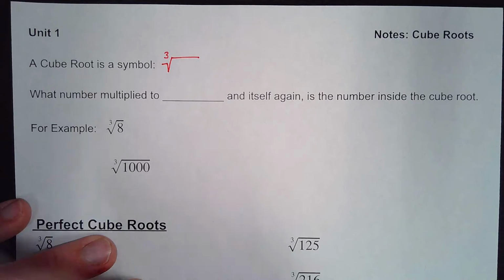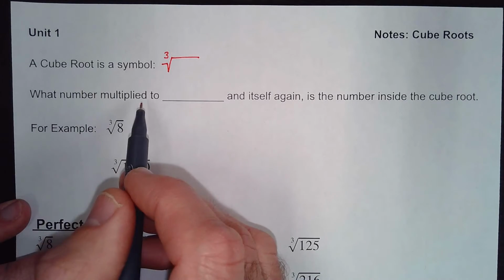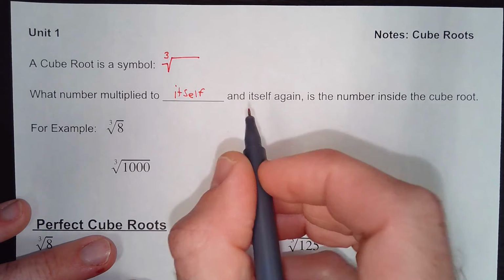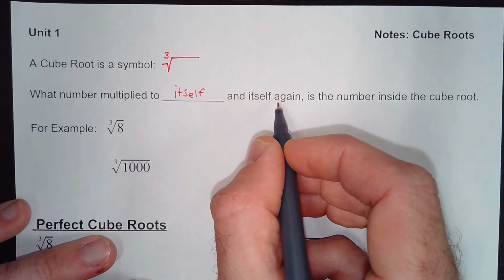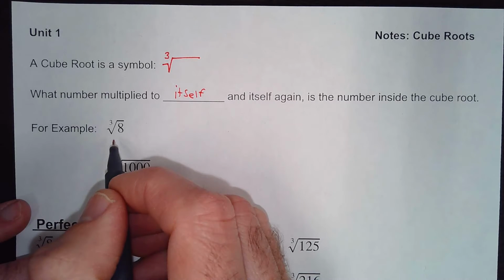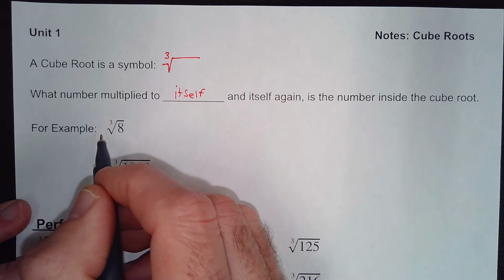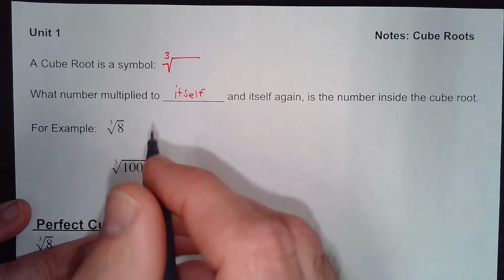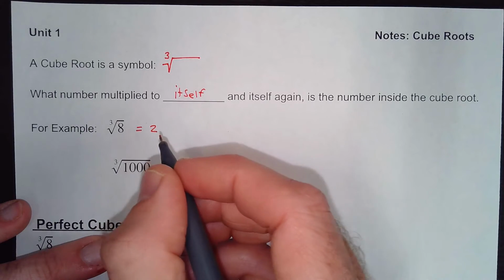When we're looking for a cube root, we ask ourselves what number multiplied by itself and itself again is the number inside the cube root. So for example, the cube root of 8, and it's important we know how to say this, the cube root of 8 is equal to 2.